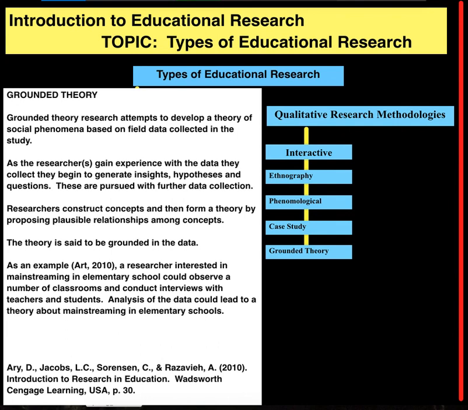So the researchers construct concepts and then form a theory by proposing plausible relationships among concepts. And therefore, the theory is said to be grounded in the data. As an example, I'll let you read the example. I don't need to read it to you. Okay, that's grounded theory.